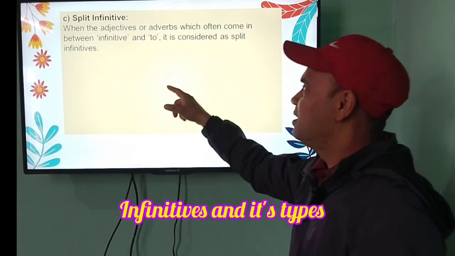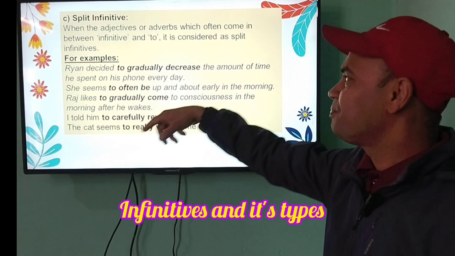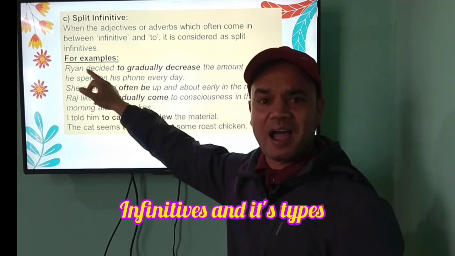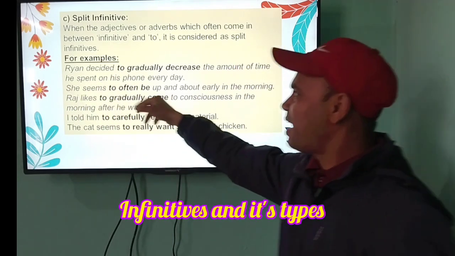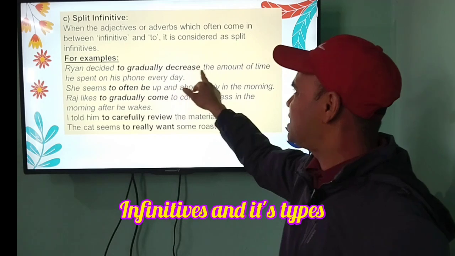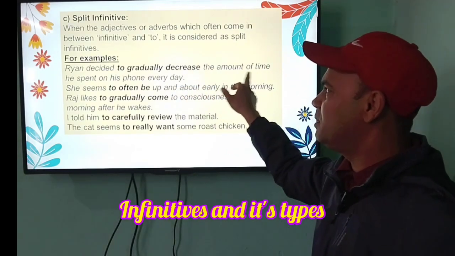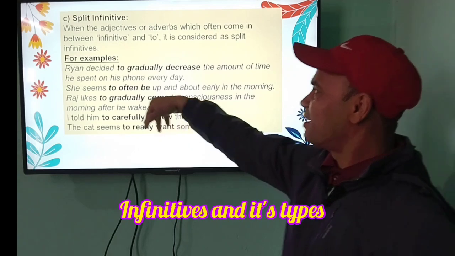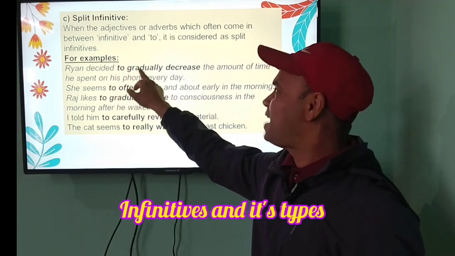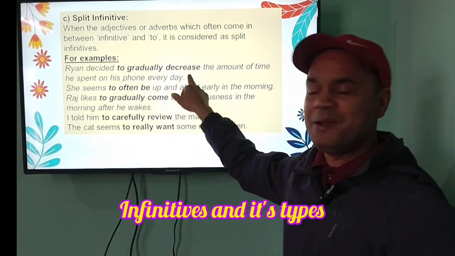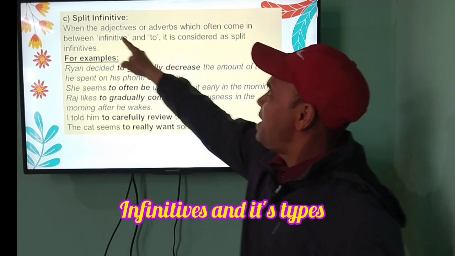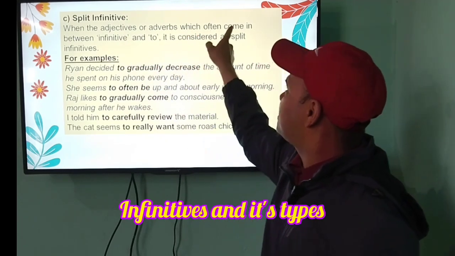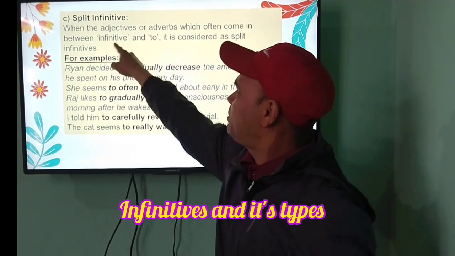Don't worry about that. For example, you can see here, Ryan, a boy. Ryan decided to gradually decrease the amount of time he spent on his phone every day. Ryan decided to gradually decrease. You can see there is an adverb that comes between the infinitive and to.